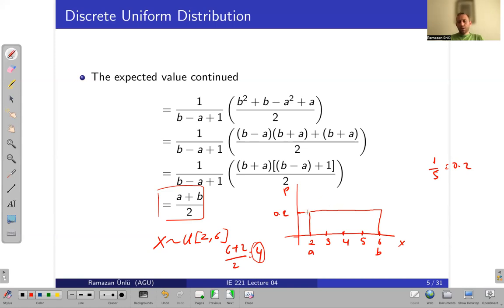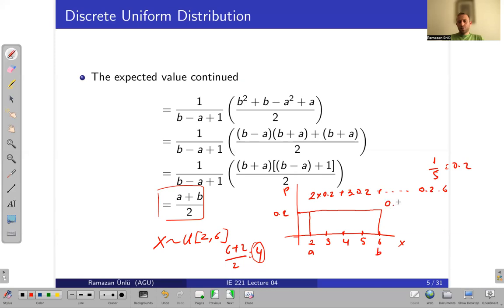So let me calculate it another way, which is 2 times 0.2 plus 2 times 0.2 until 0.2 times 6, right? So what is this?